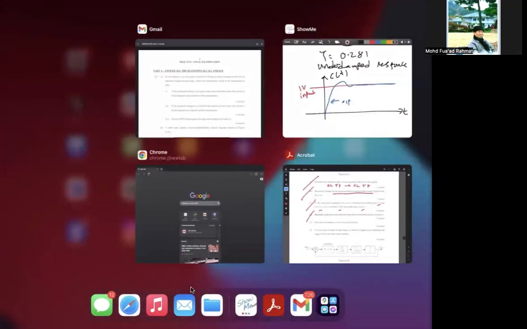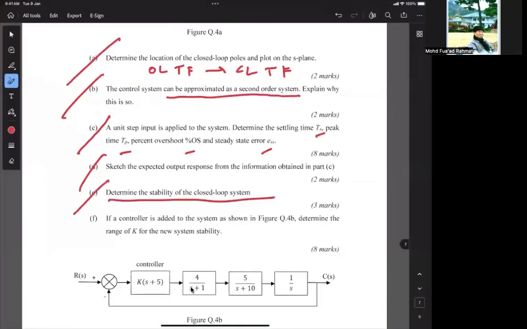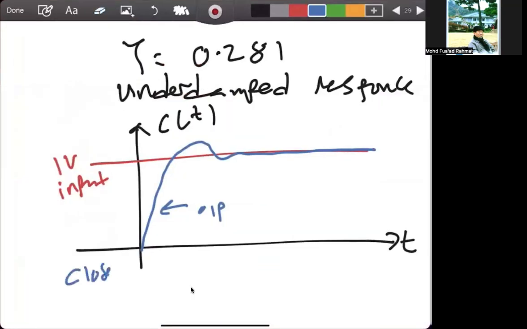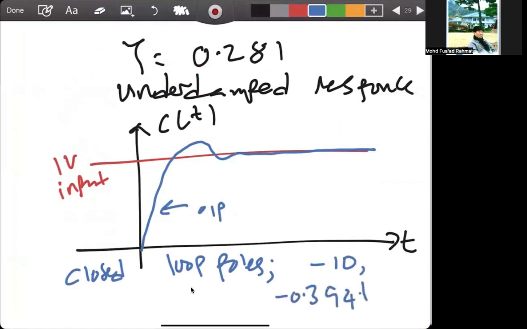And next, determine the stability of the closed loop system. So the closed loop poles are minus 10 and minus 0.394 plus minus j 1.34.